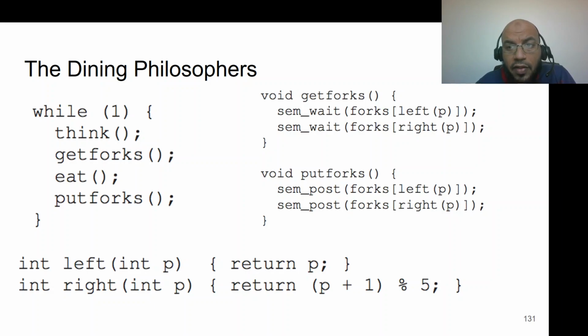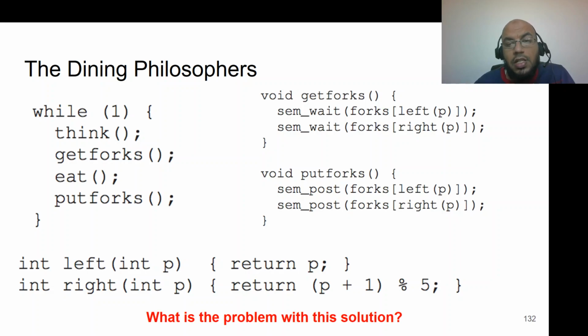You have a deadlock once everybody picks a fork on his right hand side or in his left hand side. So for example, the get forks routine here picks the left hand one first and picks the right hand one next. That means that you can end up infinitely waiting for a fork on your other side.